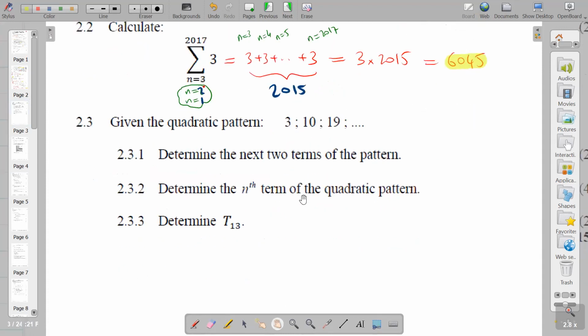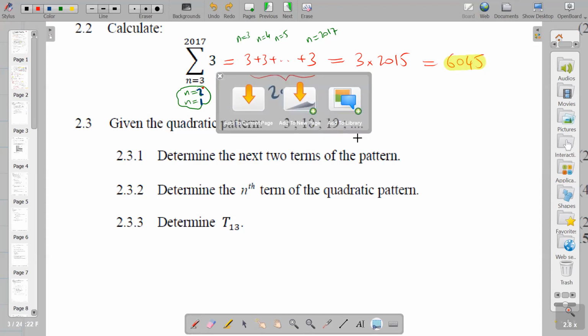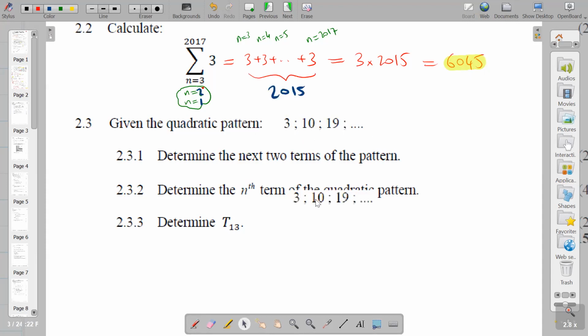Now 2.3, given the quadratic pattern, I think we can skip this. We did a quadratic question before. Let me just show that you write the first differences. So when we have the quadratic sequence, we just need to be careful in all these conditions.